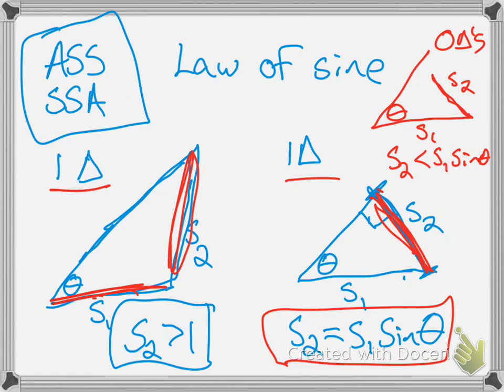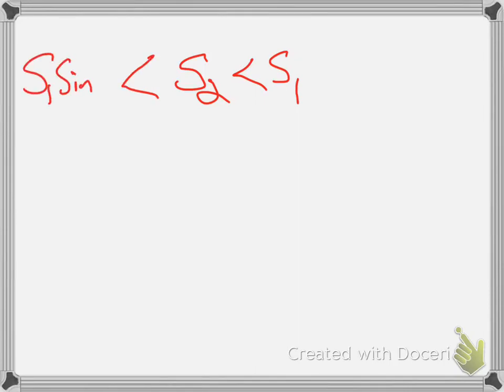So we know side two must be less than side one, but it also has to be bigger than side one times the sine of theta. That's because that's the smallest triangle. If it's equal to this, it's one triangle. If it's bigger than this, it's one triangle. And if it's less than this, then it's zero triangles.